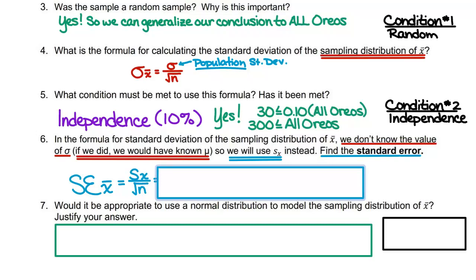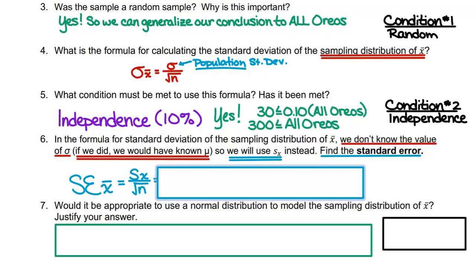The standard error, remember, we're not actually finding standard deviation because I don't know the population standard deviation. But I can find the standard error for x bar by taking the standard deviation of our sample and dividing it by the square root of n. If you look back up in that box at the top of the page, does it give us the sample standard deviation?